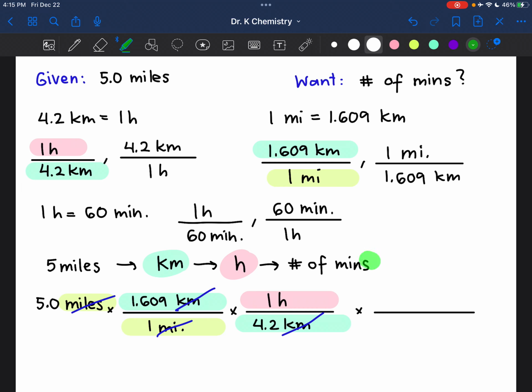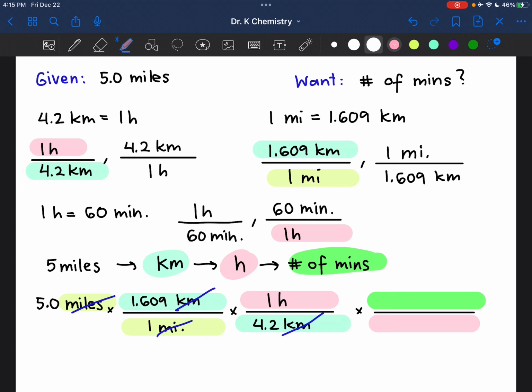So there's just one more step we need to do here, and that is to take those hours into the number of minutes. So since we're trying to cancel hours and they're in the numerator, next I need to put hours in the denominator, and then I can end with the number of minutes up in the numerator.